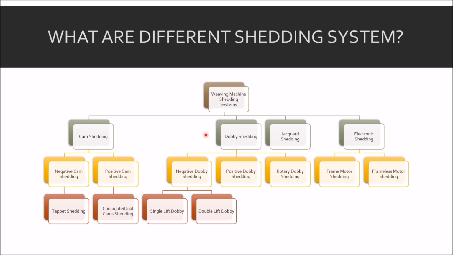Negative means only one direction of movement, that is, raising of the frames is controlled by the shading system, and the return is caused by some restoring medium, which can be a spring, some elastic medium, or gravity. So if both motions are controlled by the shading system, it is called a positive shading system, otherwise negative.